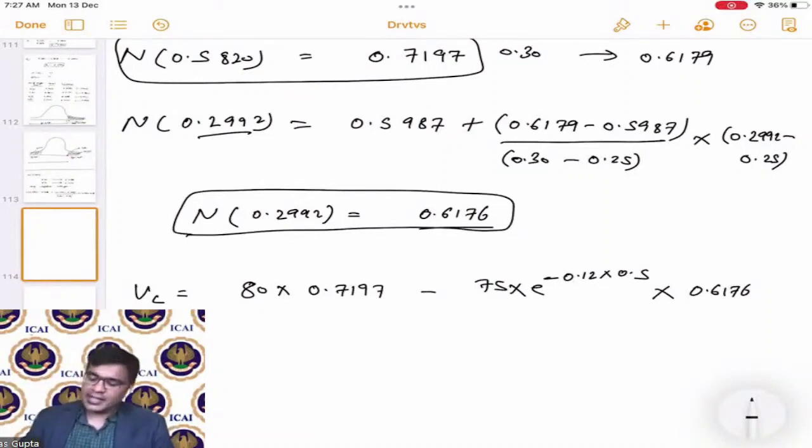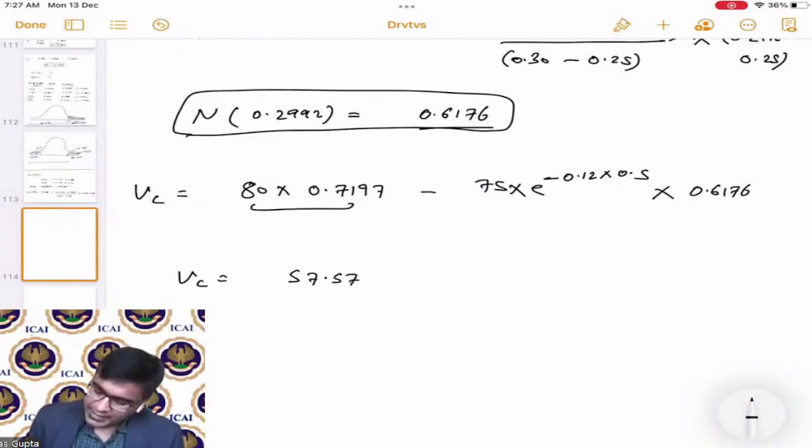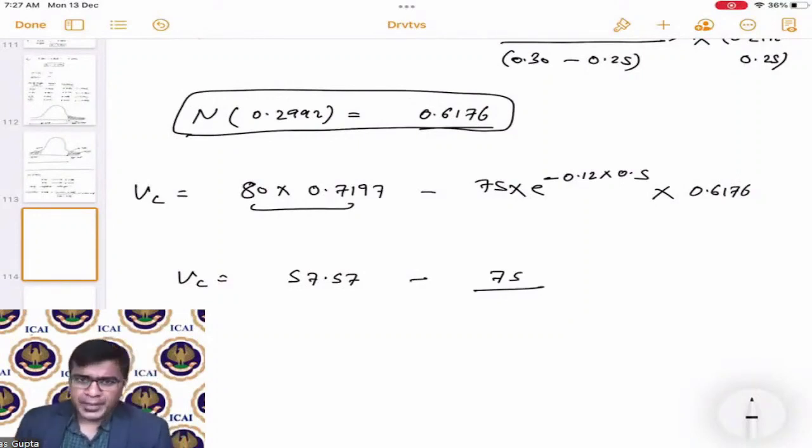Now, the value of the call option, this we solve, is coming out to be 57.57 minus 75 divided by... What is the property of anything raised to the power of minus something?